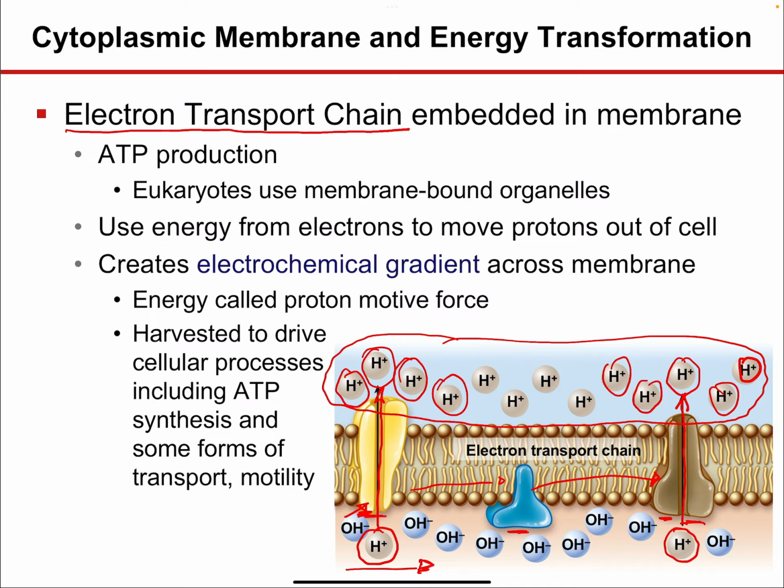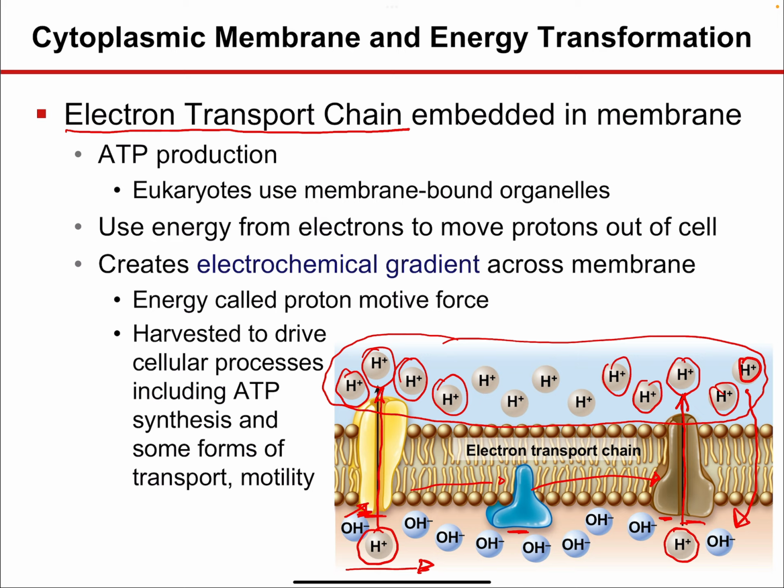And that gradient of protons is going to exert a pressure on the plasma membrane of bacteria. That pressure constitutes energy, right? It constitutes potential energy. That potential energy eventually is going to be converted into kinetic energy by the movement of these hydrogen ions from outside toward inside, right?